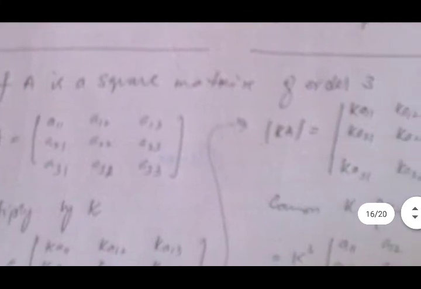Now here we have A is a square matrix of order 3. It means it's 3 rows and 3 columns. We multiply it by K, and then we apply determinant sign. Here is a matrix, and now it becomes a determinant.